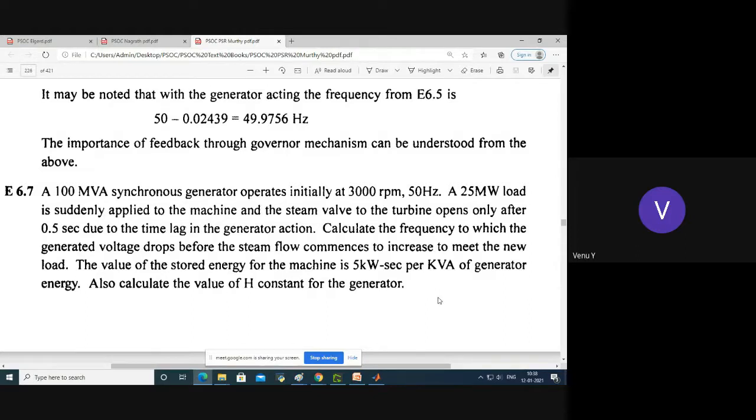A 25 megawatts load is suddenly applied to the machine, and the steam valve to the turbine opens after 0.5 seconds, due to time lag in generator action.